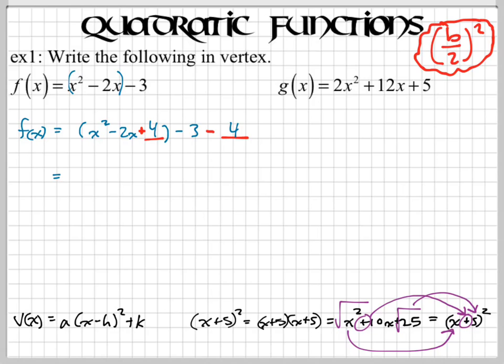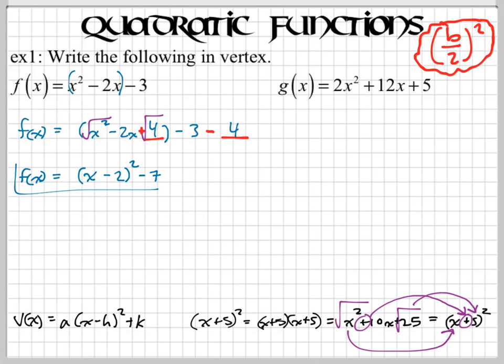So up here, the square root of this is x. And what's the square root of that? 2. So I have x and 2. Is it minus or plus? Minus. Minus because of this guy. Alright, now I have -3 minus 4. That's going to be -7. And there you have vertex form.